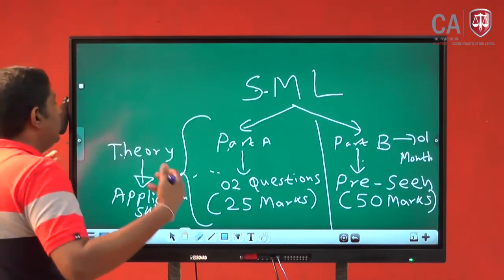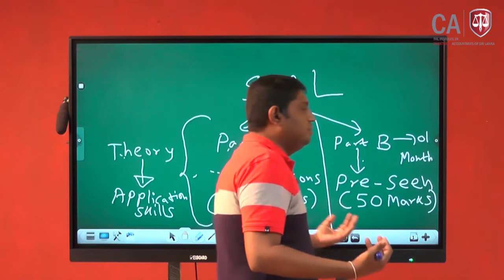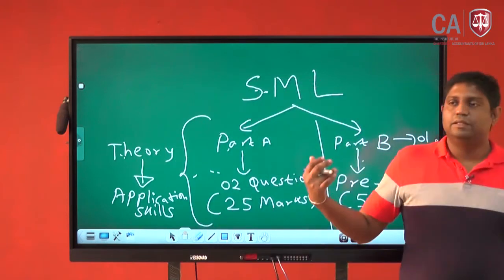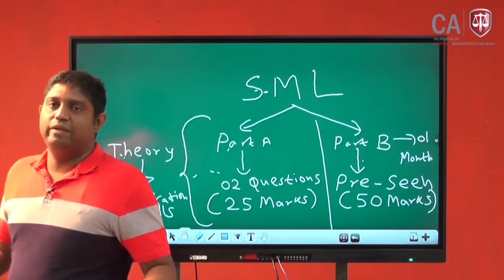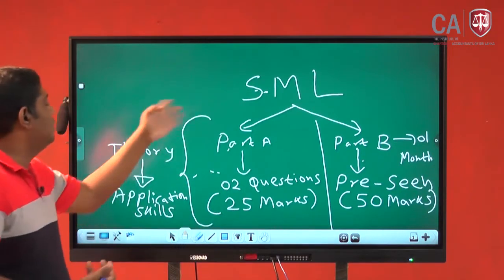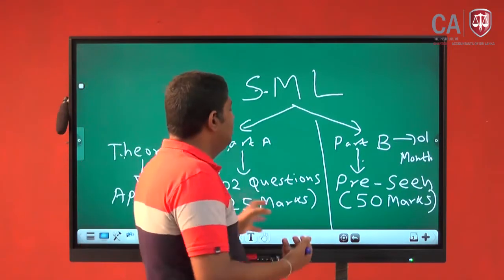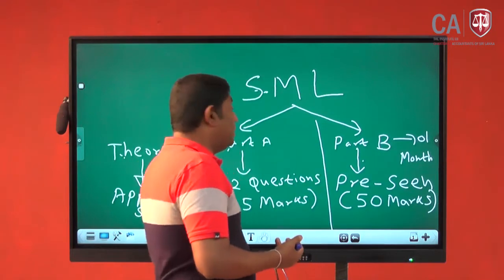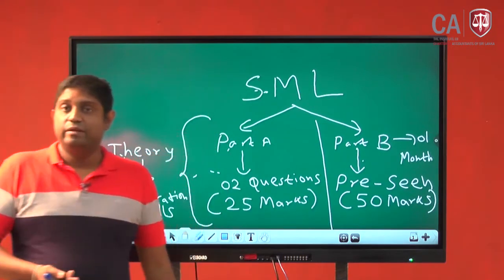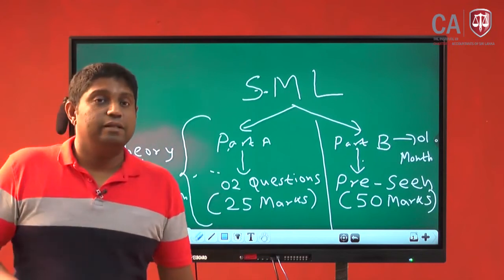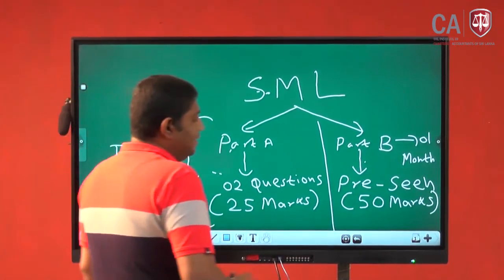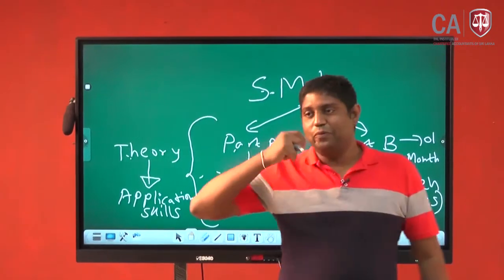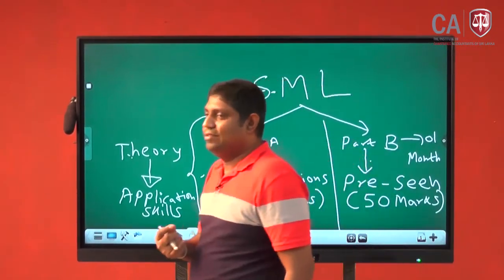That is why I made the statement earlier that this may be the most difficult paper at the strategic level. Why? Due to these requirements, the heavy theory content in the subject. You are aware that there are 15 chapters and all are theory, so you have to memorize these things.